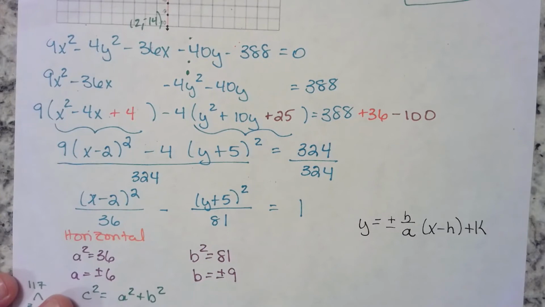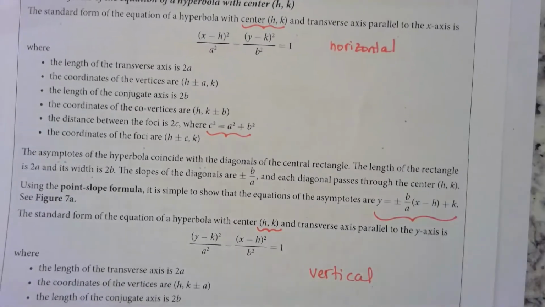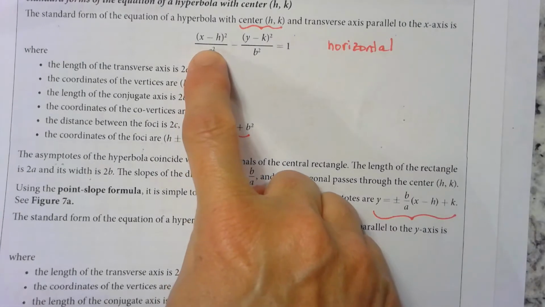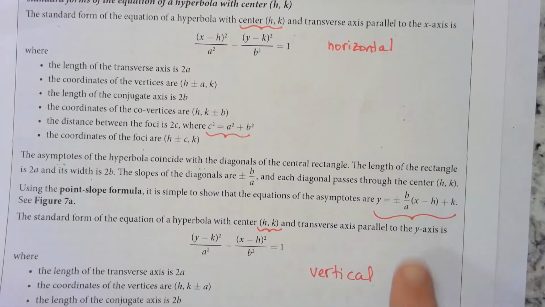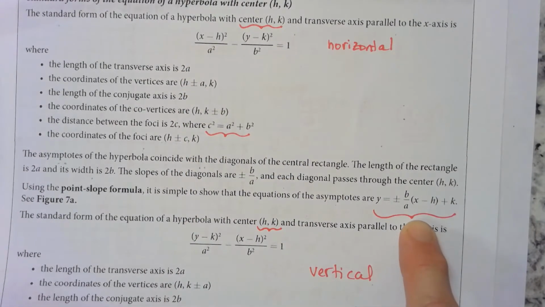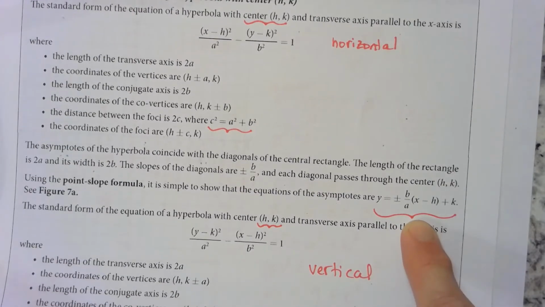If you want to know where to find that, it's right here, page 5. Whenever you have your x's listed first, this is your equation for your asymptotes: b over a times x minus h, plus k. That was on page 5.